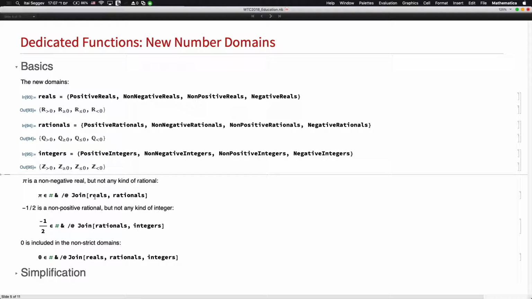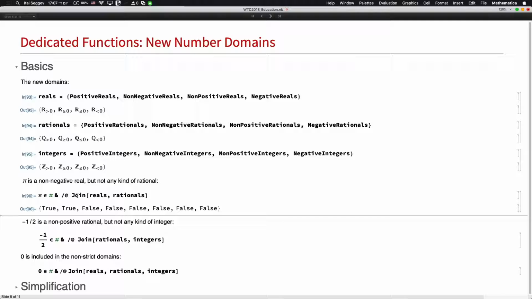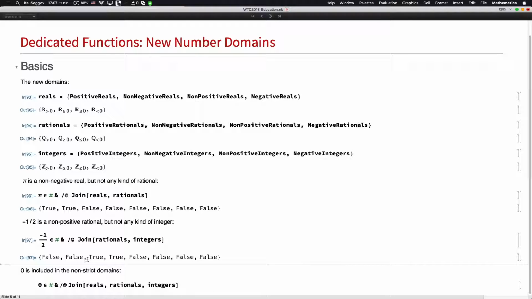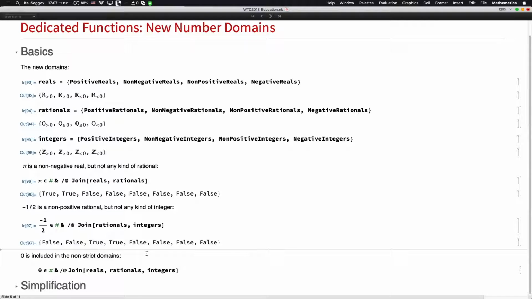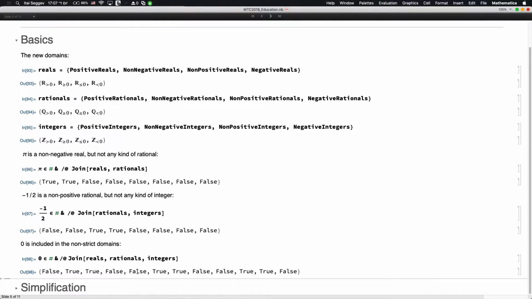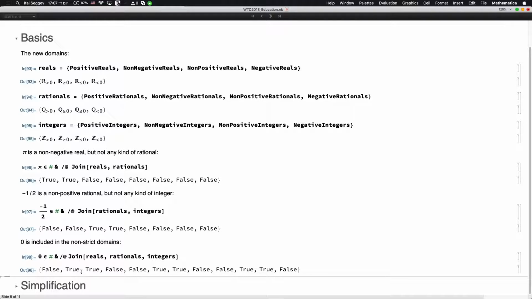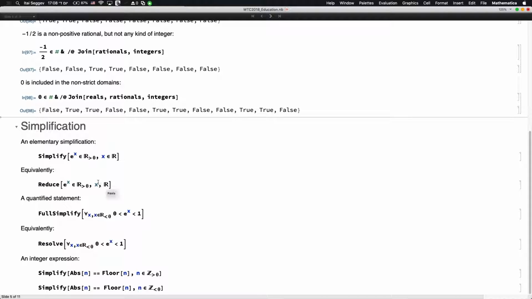So these very much behave like you might expect. If you ask if pi is a member of any of these domains, well, it's a positive real, it's a non-negative real, but it's not a negative real, nor is it any kind of rational number. Similarly, minus 1/2 is a negative rational and even a non-positive rational, but it's not an integer. And 0, as you might expect, is in the non versions, but not in the strict versions. And you can use this in lots of places. For example, simplification.